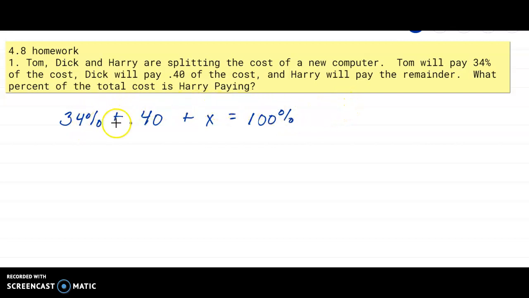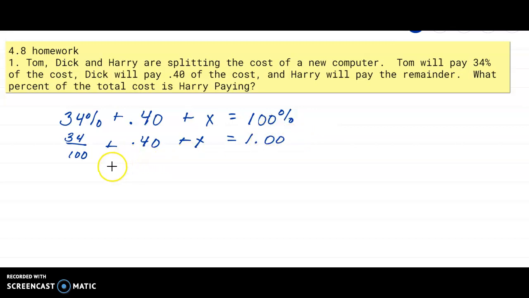Now, it's hard to work with these numbers because they're not in the same format. I have a percent and I have a decimal. So I think I'm going to turn them all into decimals here. 34% is equal to 34 over 100. So I'd be adding that to 0.40 plus x equals, now I'm going to turn 100% into a decimal, and 100% is equal to one whole amount, or 1.00.